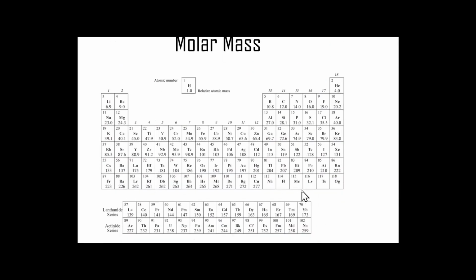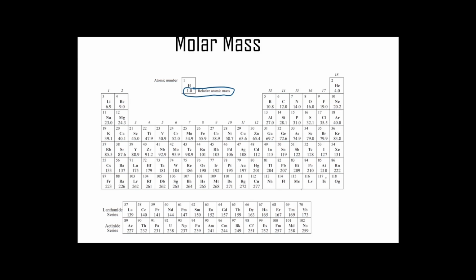All right. You should be familiar with this. This shouldn't be the first time looking at a periodic table. Most of the time we are going to use this relative atomic mass interchangeably with molar mass. They're not quite the same.